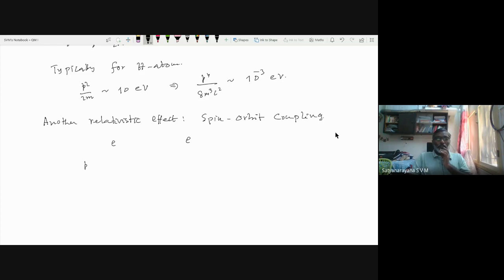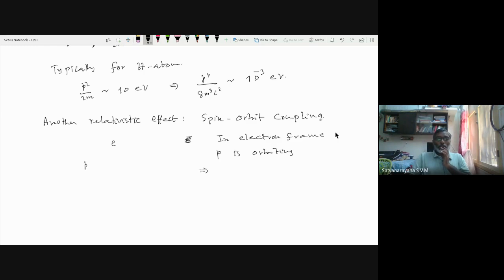Electron is a charged particle, and it is moving. So in the electron frame, proton is orbiting. What does that mean?